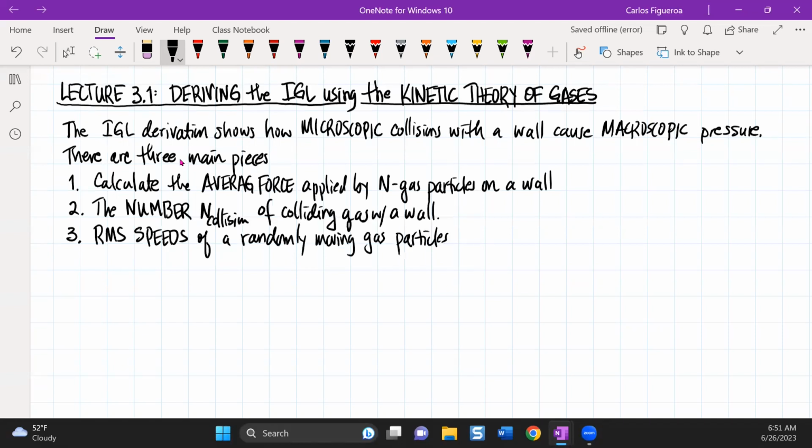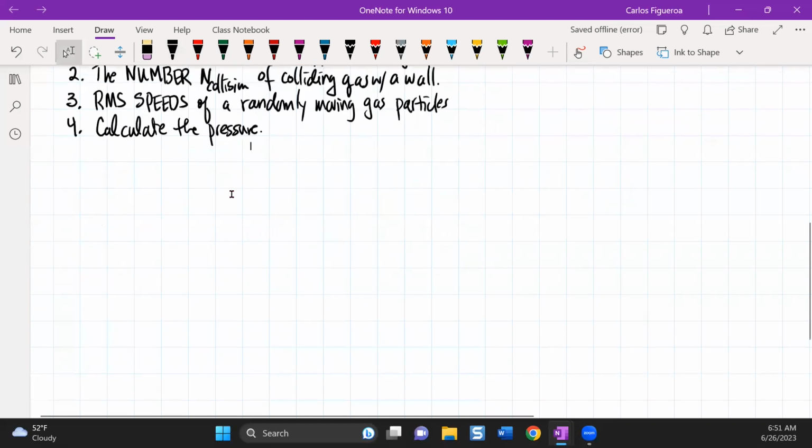And then when we put all 3 of these together, it's going to be quite easy to finally calculate the pressure. Okay, so let's do that.